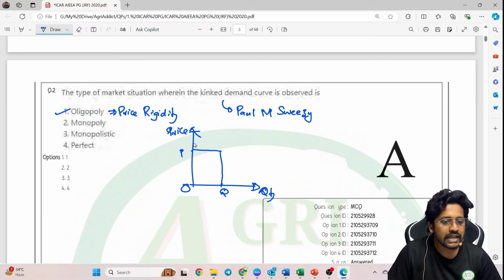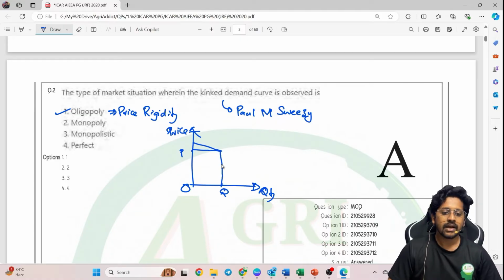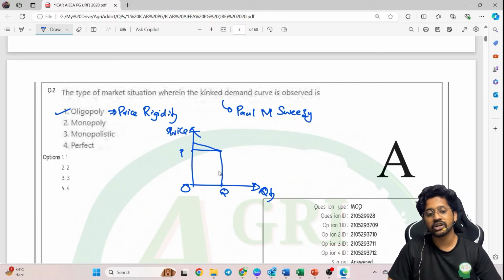So therefore here the demand curve will be more elastic, because the price responsiveness is really high there. For a little increase in the price, a large quantity of loss will be happening. But what happens if the same firm decreases the price?